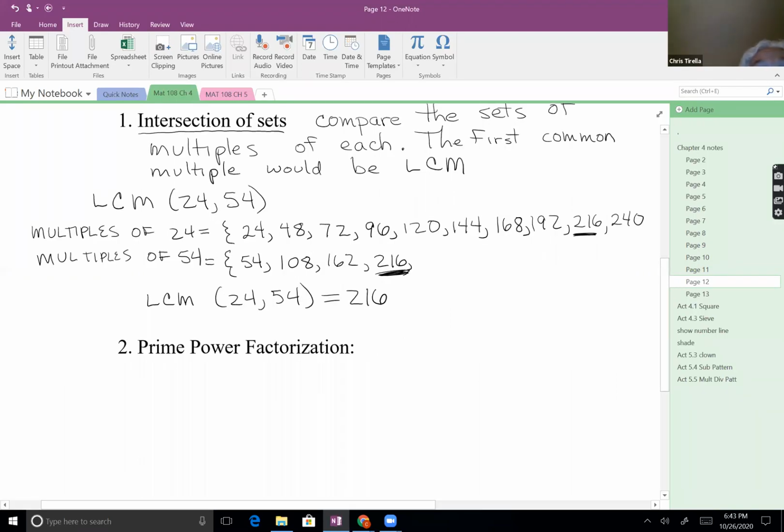We can also find the least common multiple by looking at the prime power factorization.